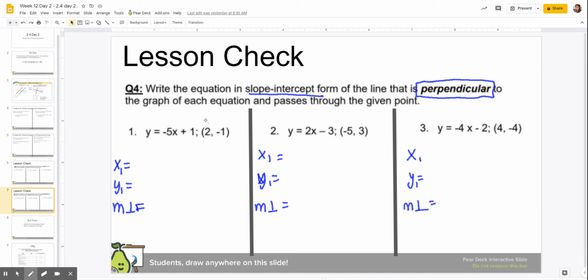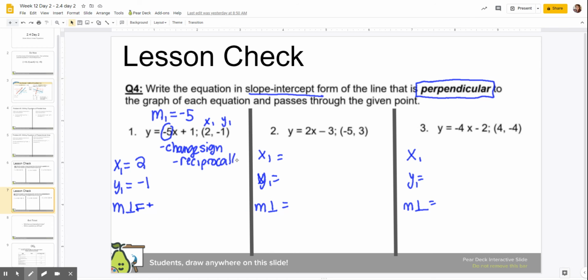So if I look at this, for the first one, our x1 is just +2, our y1 is -1. Now, the original slope, our first original slope is -5. Remember, you're going to change the sign. So instead of it being a -5, it's going to be a +5. So it's opposite. And then we're going to do the reciprocal of the original slope.